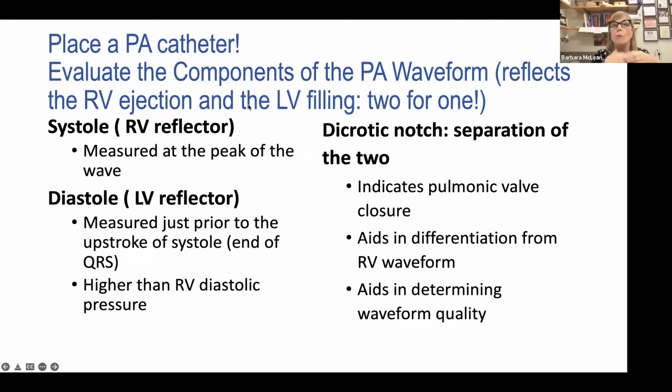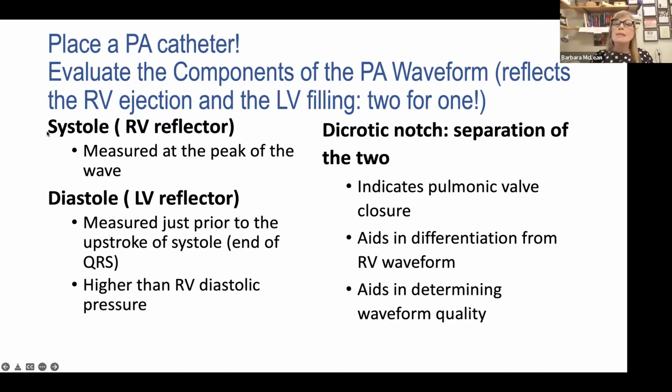Okay, so when we place our PA catheter and as it's floating, we really want to pay attention to those numbers. If at all possible, you want to record as the catheter is going from right atria, right ventricle into the pulmonary artery and into the occlusion position, so that you can actually evaluate what was the right ventricle doing, what did the PA do, and what did the wedge do. So really, really important.